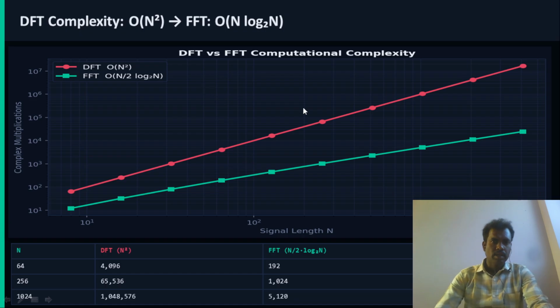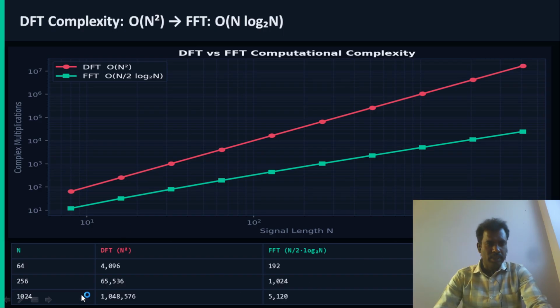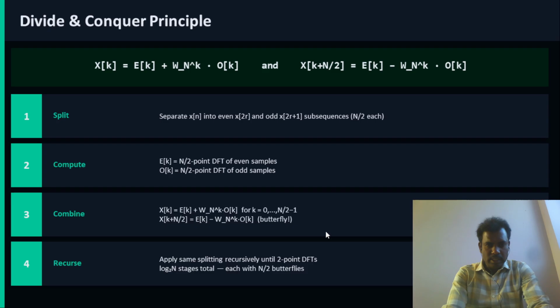Now look at the number of multiplications and additions using DFT and FFT. Here in this example, we have taken the number of multiplications. For N equal to 16, DFT needs N square multiplications, because we know the formula: sigma x of n into W_N power kn. Here x of n is one value at some instant, and W_N power kn is one value.